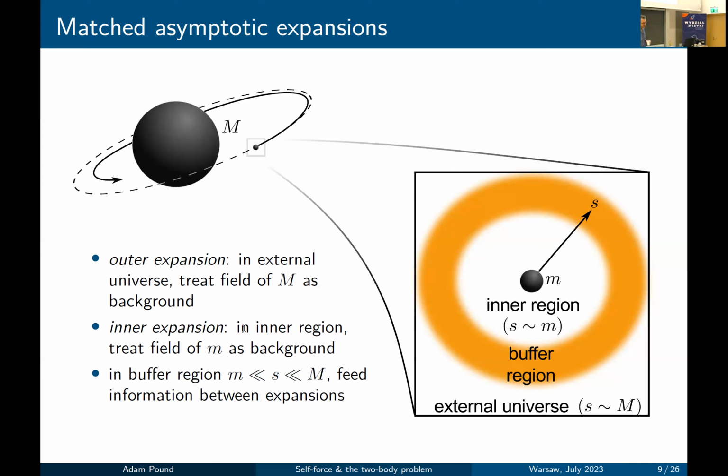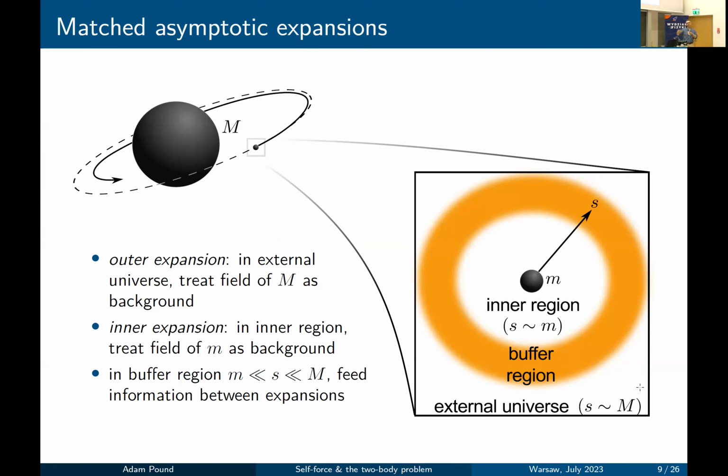So we then have two different expansions, one at some significant distance from the small body, and one that's right near the small body. And we're going to find that you don't actually need much information about that expansion very near the small body. Really, what you need is to determine exactly the information that comes from the inner region out into the external universe. So in this buffer region in between the two regions, you can kind of think both approximations are okay.